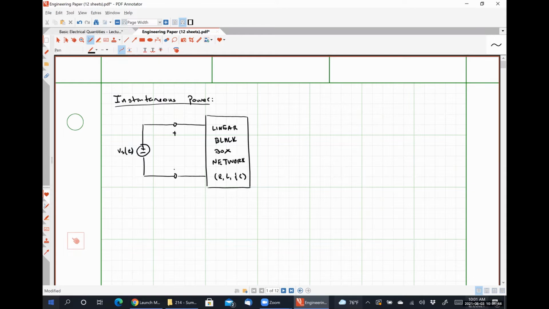There will be a voltage drop across this network, which I will call V of t, and a current flowing into this network I'll call I of t.